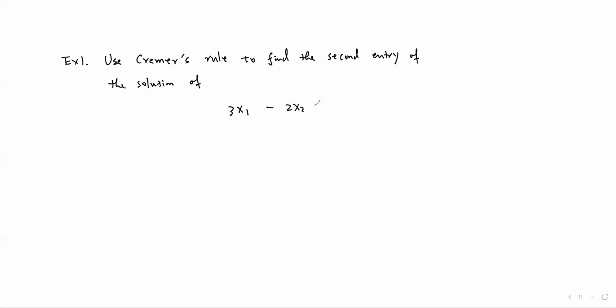Use Cramer's rule to find the second entry of the solution of the linear system 3x1 minus 2x2 is 6, negative 5x1 plus 4x2 is 8.